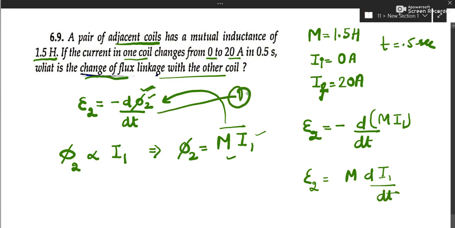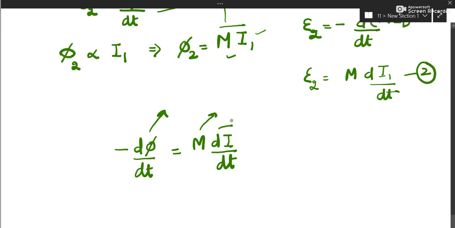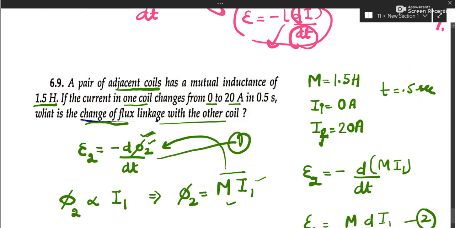Now this formula and this formula can be equated. Let us equate. So minus d phi by dt is equal to this M di by dt, without symbols I'm writing. So dt cancelled. So change in flux can be obtained. Mutual inductance is given, and change in current you know, final current minus initial current. So change in flux can be found. That is the question: find out change in flux.